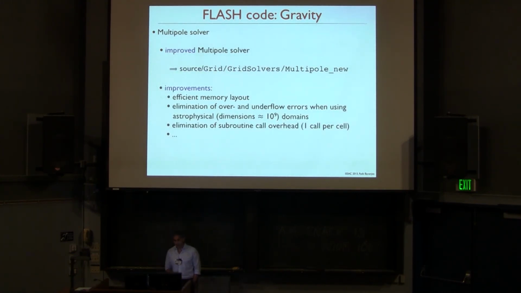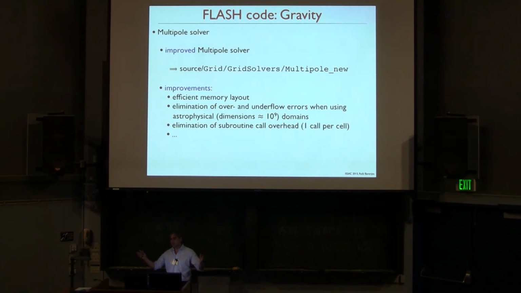Yeah, there's even an improved method I just found in the manual, so I can't say much to it. But it tells you that it's supposedly much more efficient in the memory layout, and it's also more accurate, as it seems that the multipole solver has some issues if you're using astrophysical distances, coordinates. If you have run a FLASH simulation already, FLASH usually assumes a so-called CGS unit system, so centimeters, grams, and seconds.